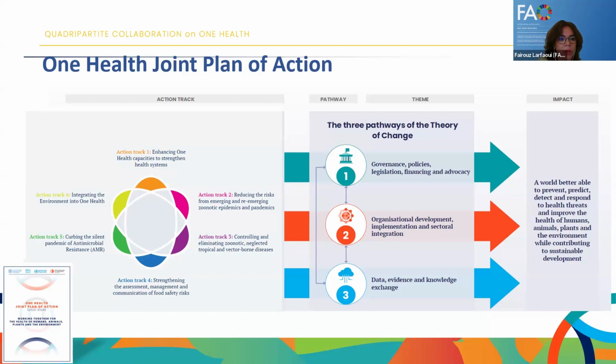And number 3 is on controlling and eliminating zoonotic, neglected tropical and vector-borne diseases. Action track 4 consists in strengthening the assessment, management, and communication on food safety risks. And action track 5 is on curbing the silent pandemic of antimicrobial resistance. And lastly, the last one is to integrate the environment into One Health.